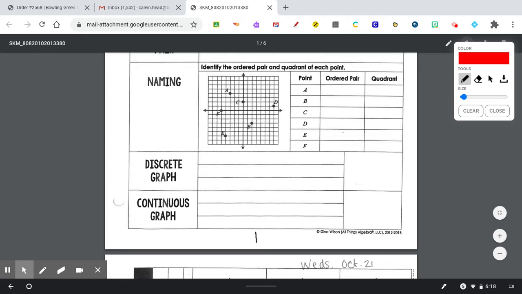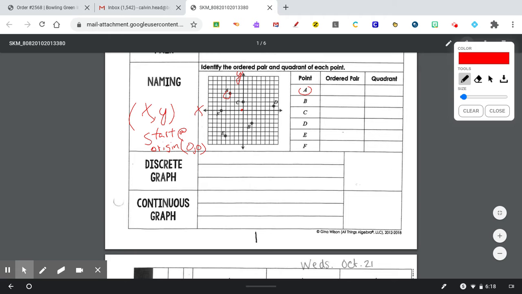If you'll look, all of these here are points on the graph. They're ordered pairs. We're going to name those ordered pairs. So if we look at A first, and remember it's X, then Y. So we're going to go along the X axis and then the Y axis. And we always start at the origin, which is 0, 0. So I'm going to start right here and I'm doing A first.